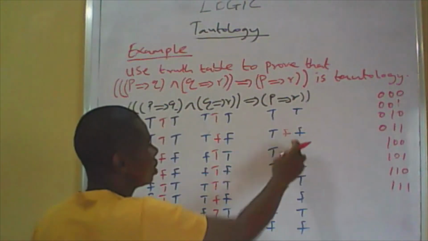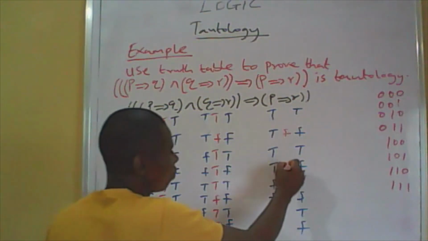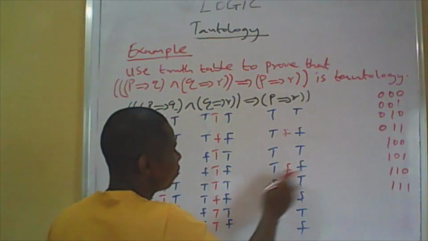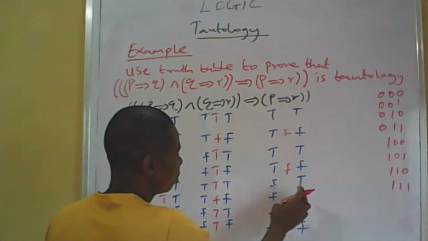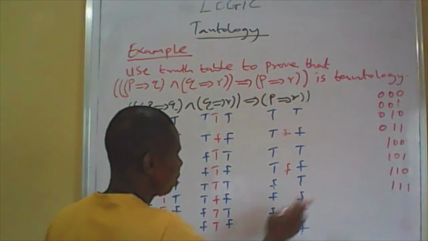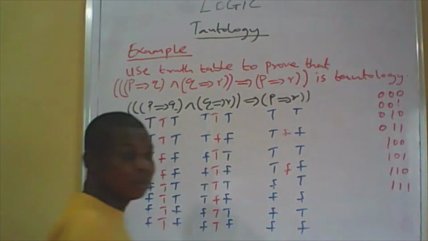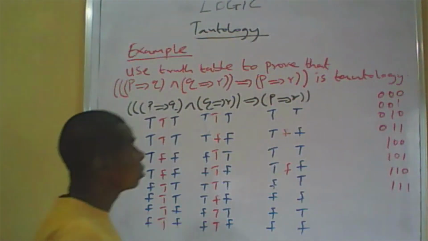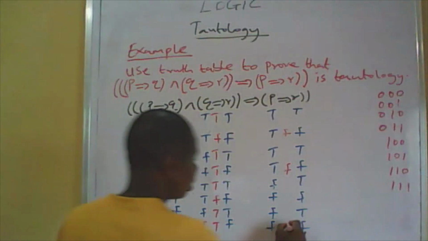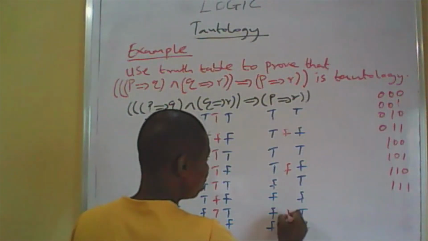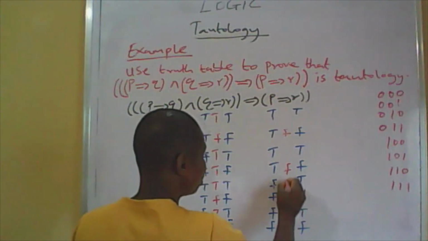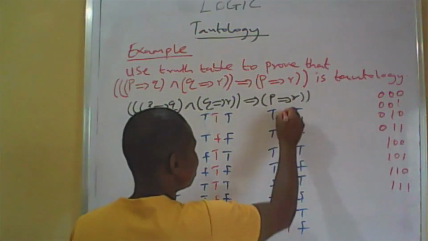Here you have TT, you have TF here, it's also F here. Here is FT, FT, FF. So the remaining valuations are truth. That means here is T, here is T, here is T, here is T, here is T, here is T.